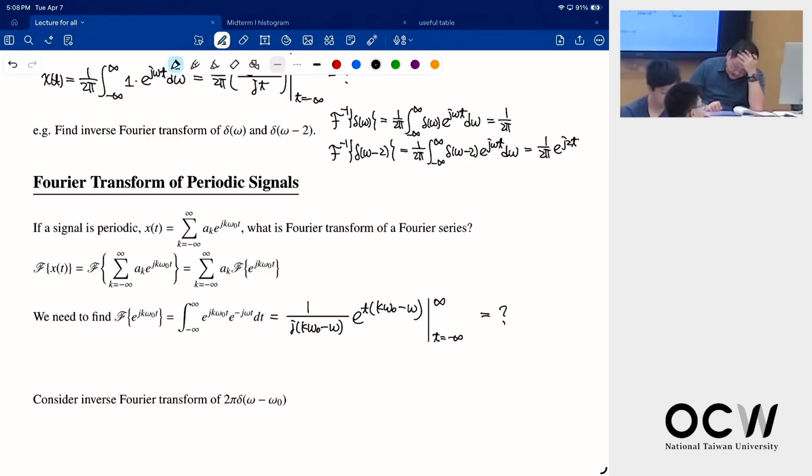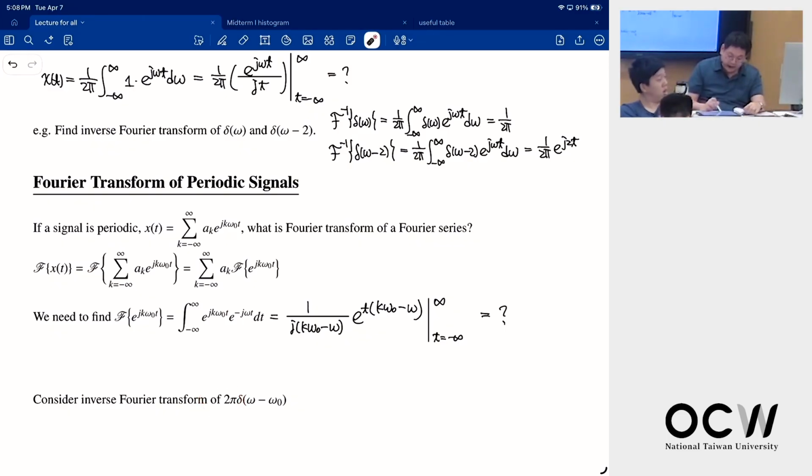Then let's think about the inverse Fourier transform of 2 pi delta function. And we just found it. Similarly here, we shift by omega naught, and then I have a factor 2 pi.